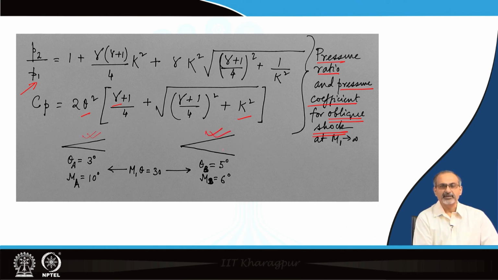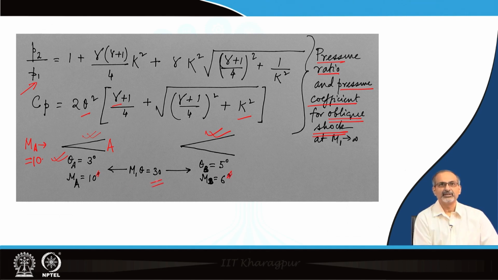that if you are looking at two different slender bodies exposed to hypersonic or hypervelocity flows, let us say the theta for this case A is 3 degrees and the upstream Mach number is 10, this should not be degrees. So, M A is equal to 10, and then the product M1 into theta gives you a number 30.